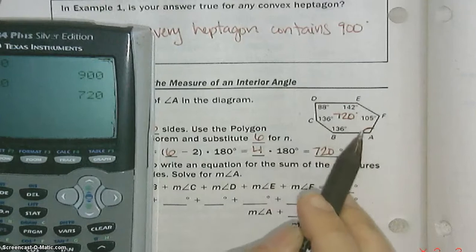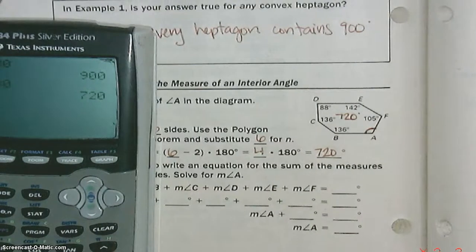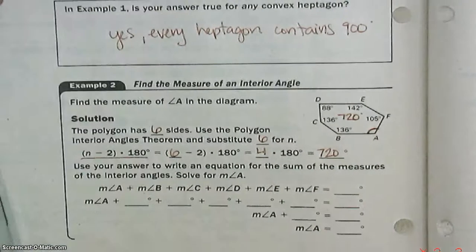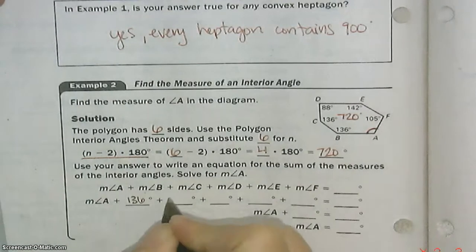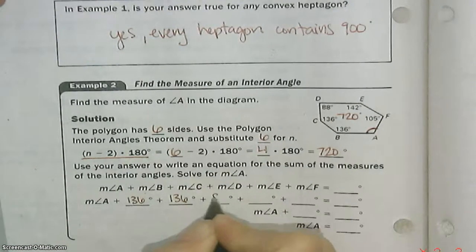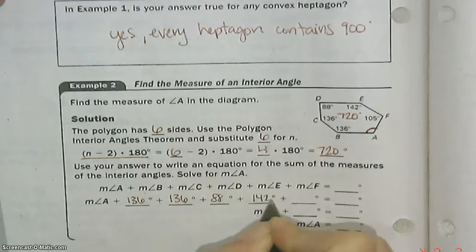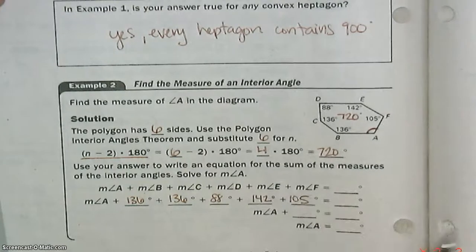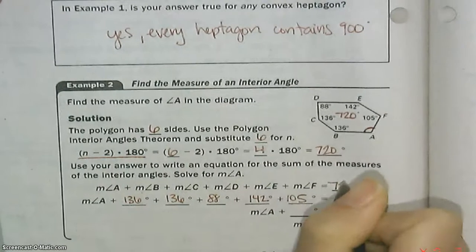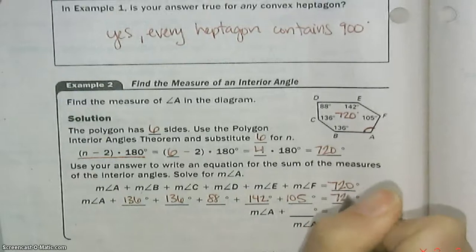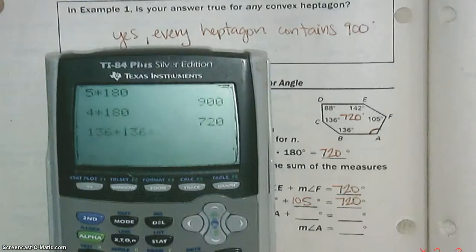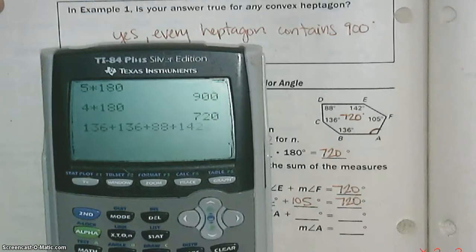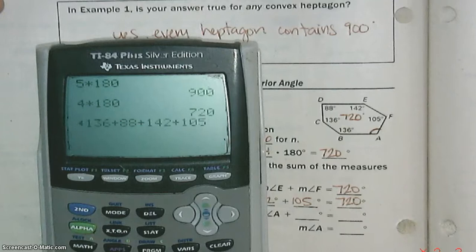So how much are we missing? That's the question. Well, how much do we already have? We already have 136, another 136, 88, 142, and 105. And we have to get all the way to 720. All right, so let's add up. 136 plus 136 plus 88 plus 142 plus 105.